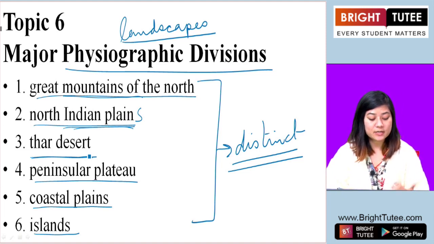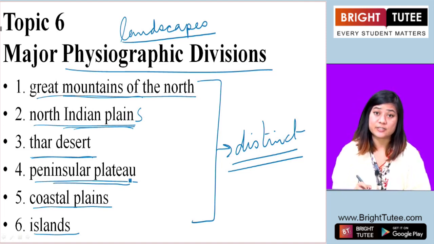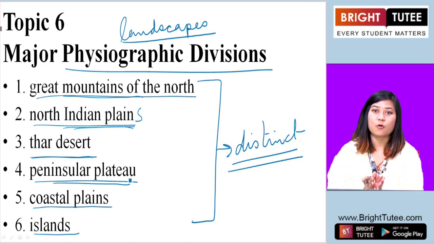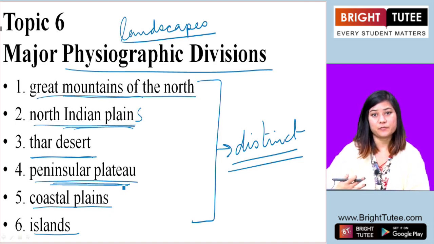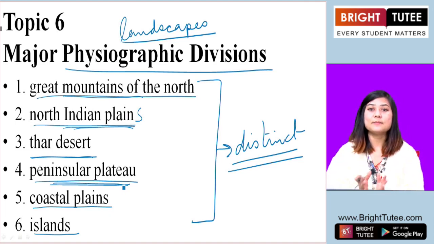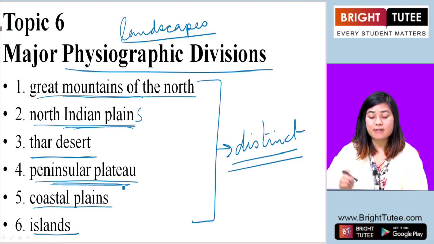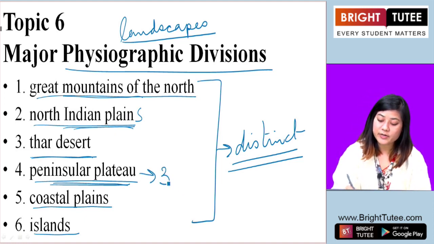In a similar manner, when you look at the peninsular plateau, meaning the peninsular part of the Indian territory, the southern part of it, the territory of India is surrounded by water on its 3 sides.